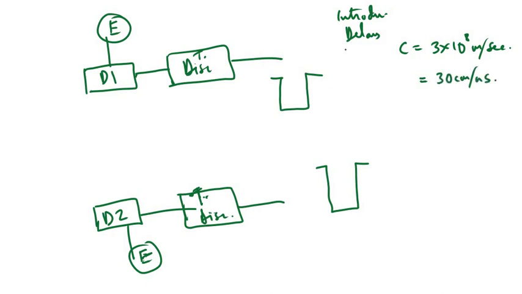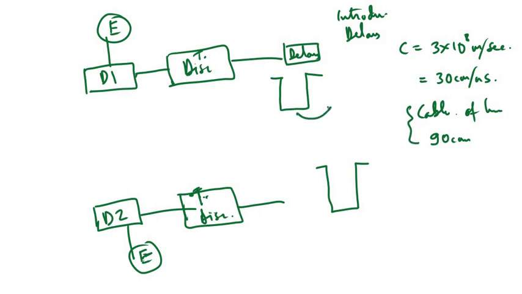So if I introduce a cable of length say 90 centimeter in this particular channel, then this signal will get delayed by how much? 90 centimeter, 30 centimeter per nanosecond, so it gets delayed by 3 nanosecond.